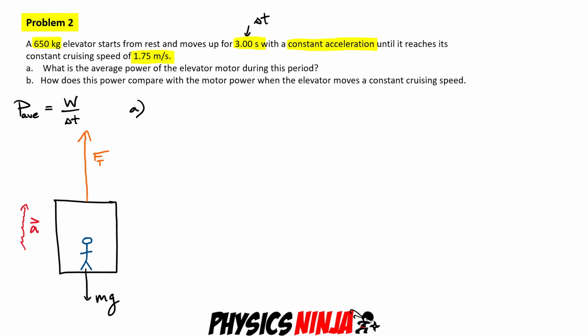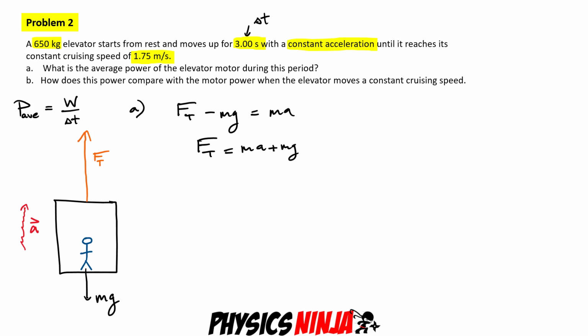So if I apply Newton's second law, Ft minus mg equals ma. Bring mg to the other side and Ft is ma plus mg.